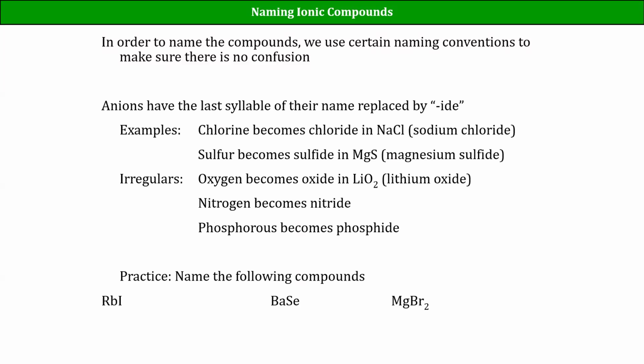Let's go the other direction. This is also part of why it's so critical that we get our capitalization right on our element symbols, because we could get the wrong compound if we mix up our elemental symbols. So what is RbI?